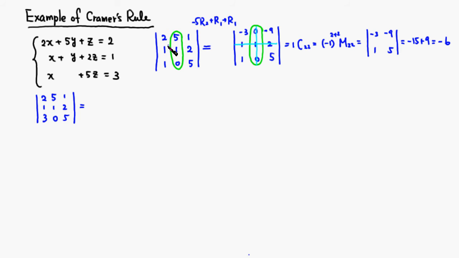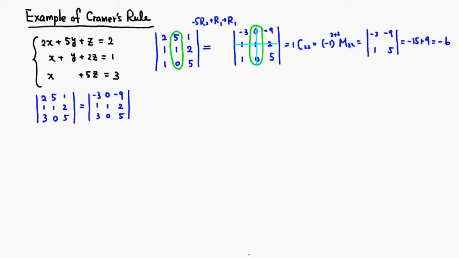So I'm going to multiply row 2 by -5, add to row 1. So it's going to be -3, 0, -9, and you have a 1, 1, 2, 3, 0, 5.